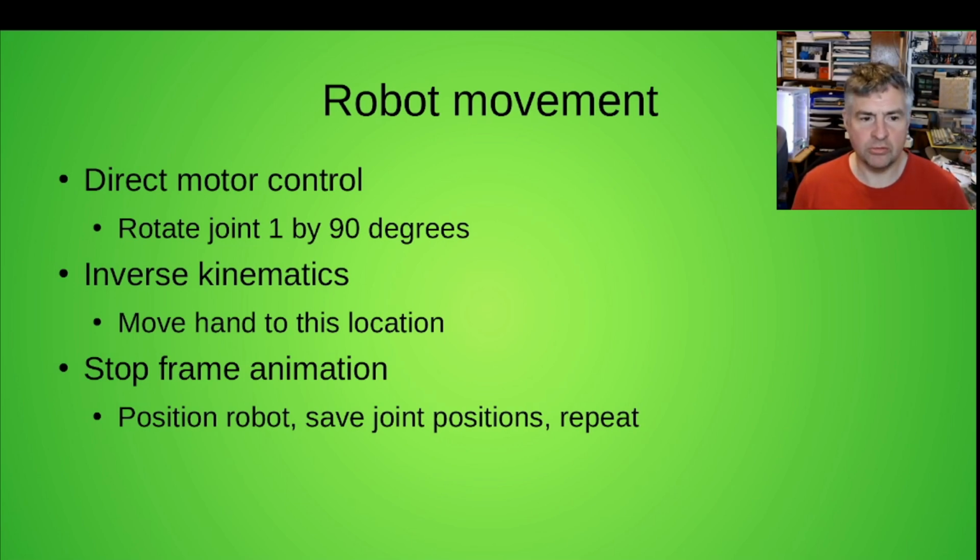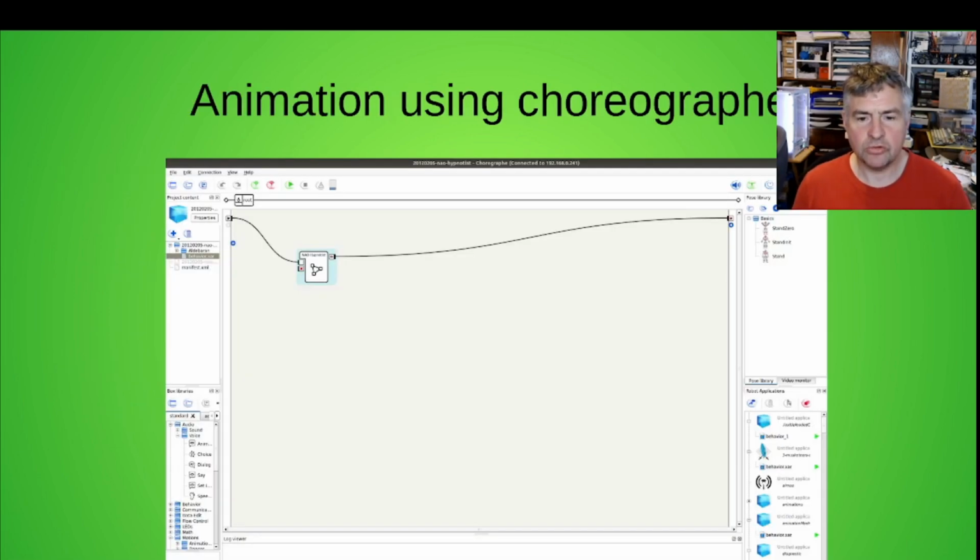But before we do that, let's look a bit more at what it looks like in Choreograph. So let's start with an application. This is a really simple one. It happens to be one of the first applications I built using NAO. If you haven't seen Choreograph before, it's a graphical environment for programming NAOs.